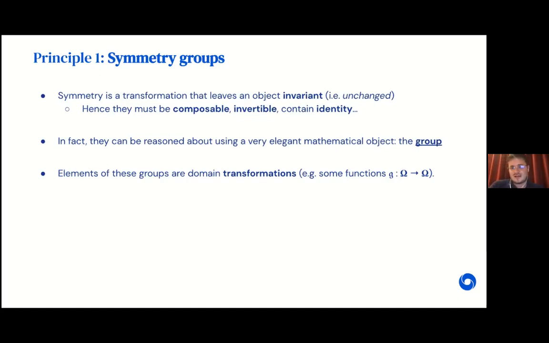Once you collect all of these different properties, you'll realize that we can reason about all these symmetry functions using a very elegant mathematical object, which is the group. The elements of these groups are going to be individual domain transformations. So group elements g will be functions taking domain elements to different domain elements.